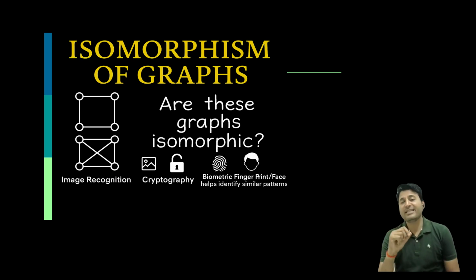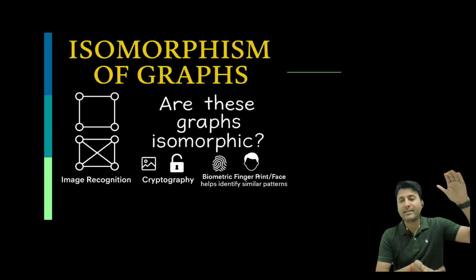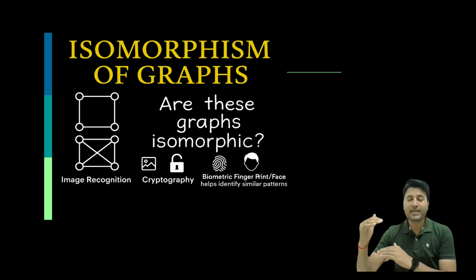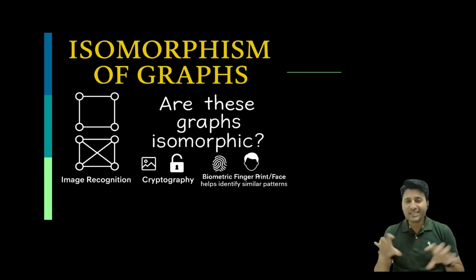If two graphs have each and everything between them the same, the graphs are said to be identical or isomorphic. The shape may differ. Like we have two photographs, one of size 10 by 10 and one of size 1 by 1, and we are supposed to check whether these two figures or faces are isomorphic to each other or not.